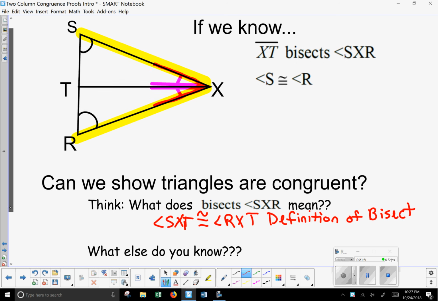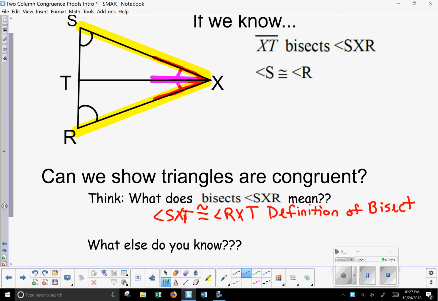Well, what else do we know in the picture? Well, don't I know that segment TX is congruent to segment TX? Okay. That's right here in the middle. If that segment is congruent to itself, I can mark it.